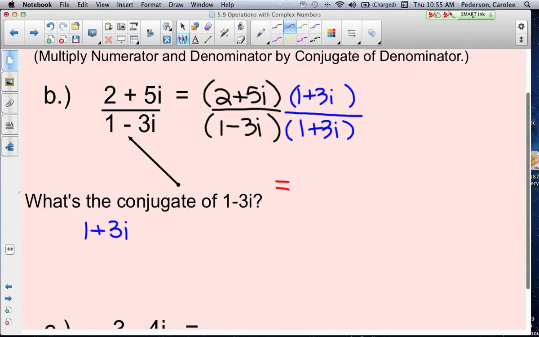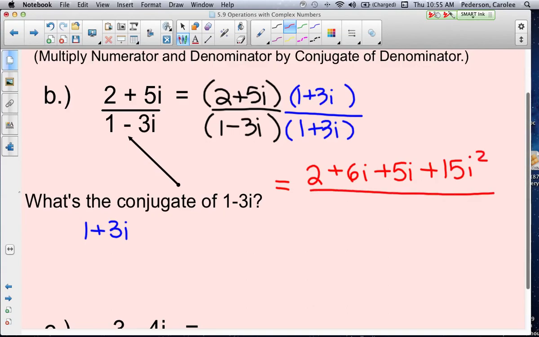So we multiply 2 times 1 is 2. 2 times 3i is 6i. Then we'll distribute the 5i. So 5i times 1 is 5i. And then 5i times 3i is 15i squared. Now let's go down to the denominator.